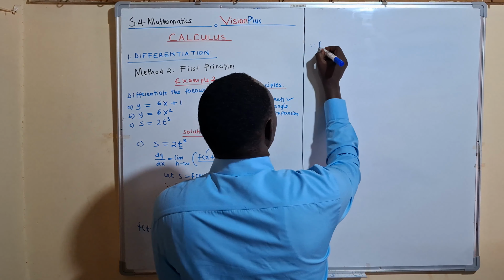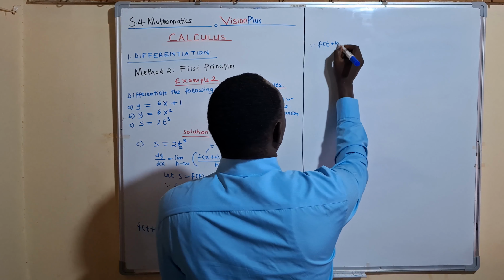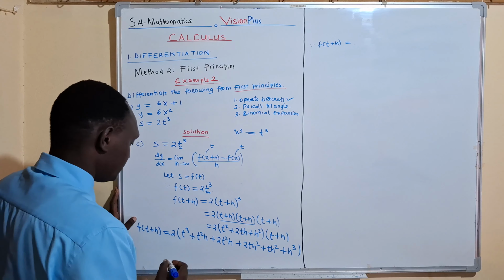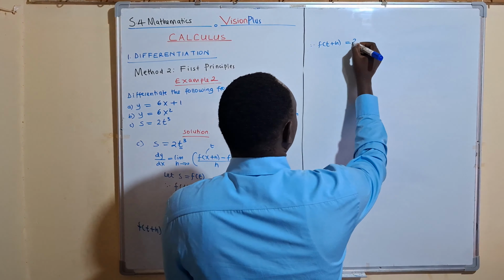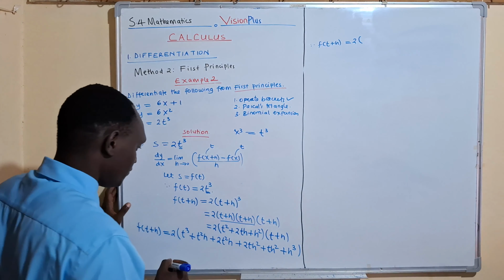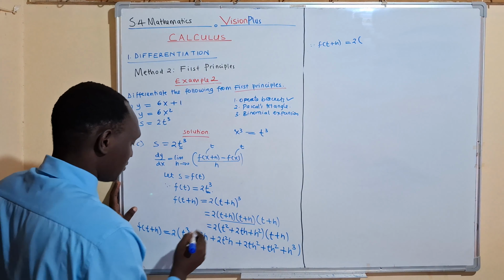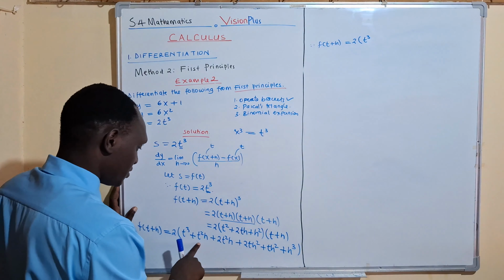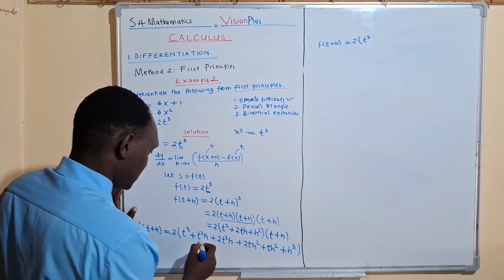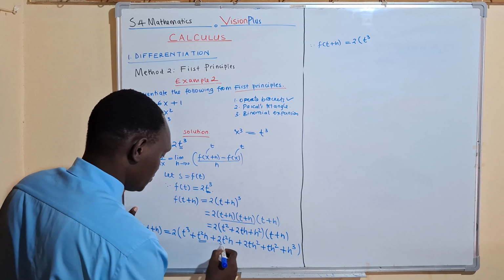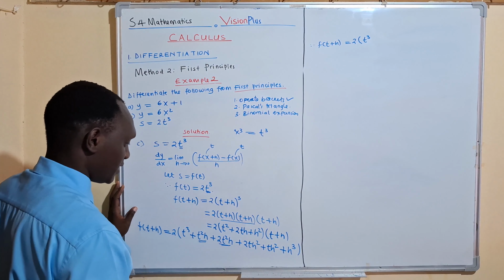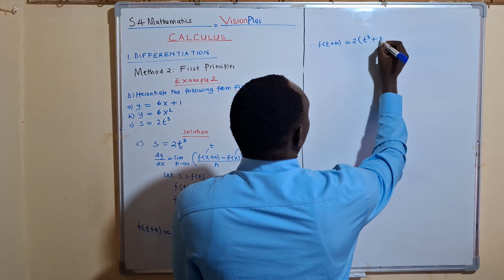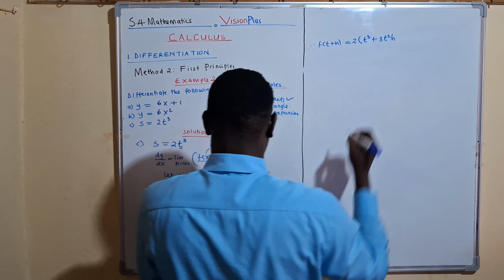Now let us combine the like terms. So f of t plus h equals 2, outside, into t cubed is alone. What about t squared h? There is this plus 2, I will have 3t squared h.